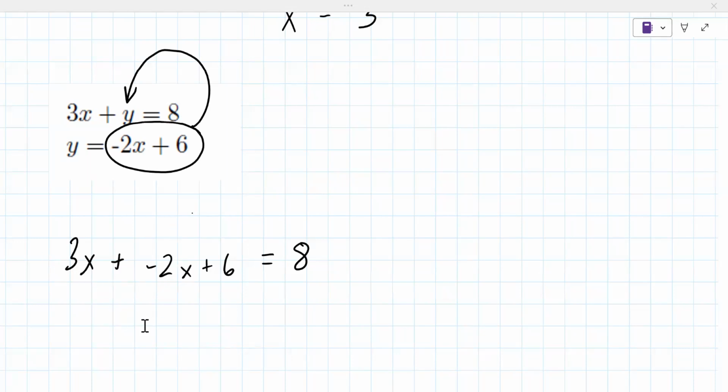What does that become? It's 1x. Good. Plus 6 equals 8.